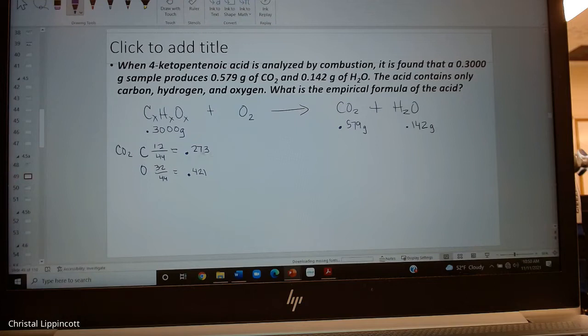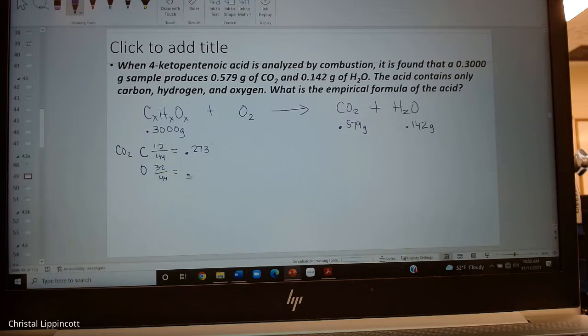These are my percents. So the carbon is 27.3% of this mass, and the oxygen is going to be 42. That doesn't add up. 72. God, I'm looking at the wrong spot. Boy, am I off today, guys.